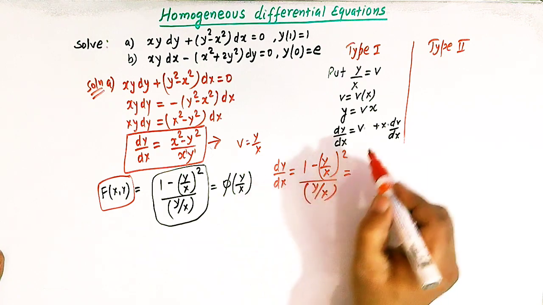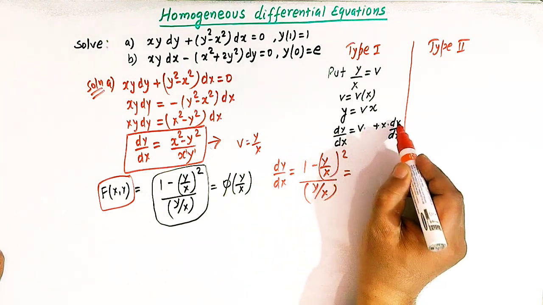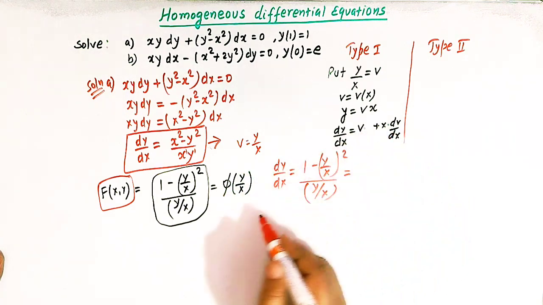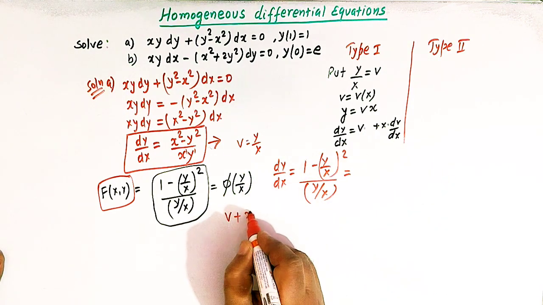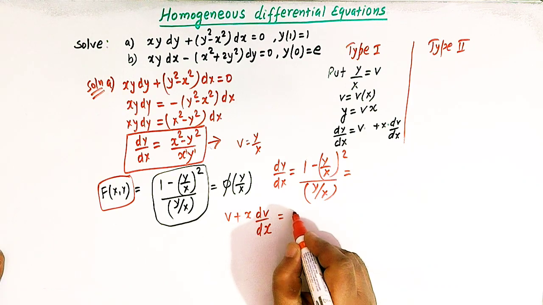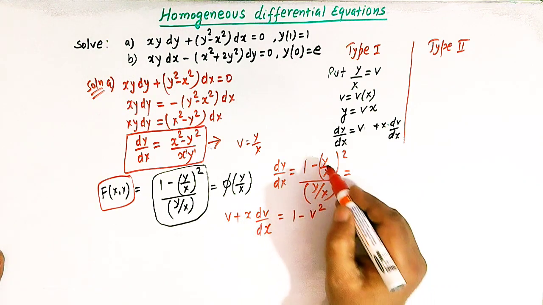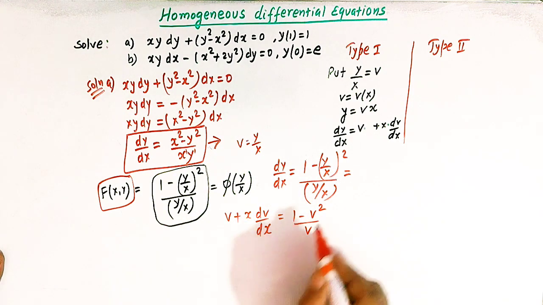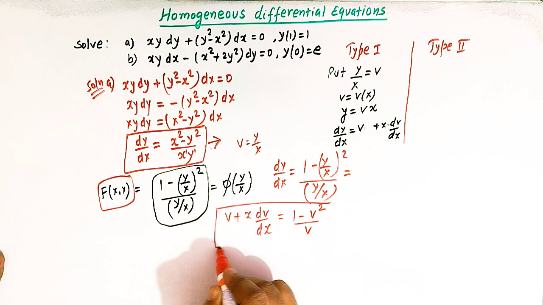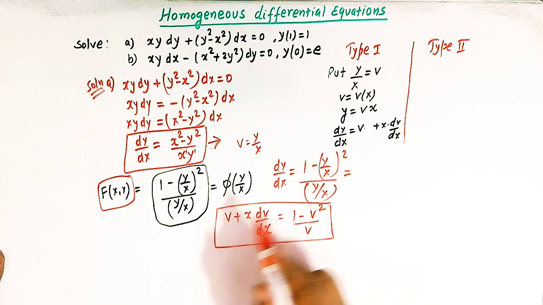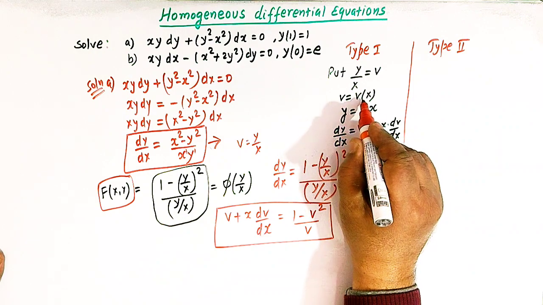So dy over dx is replaced by v plus x dv over dx, and here we have 1 minus v square, y over x is v, and here we have v. So now we have a differential equation in terms of x and v, and remember v is a function of x.